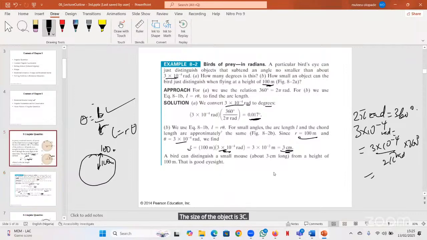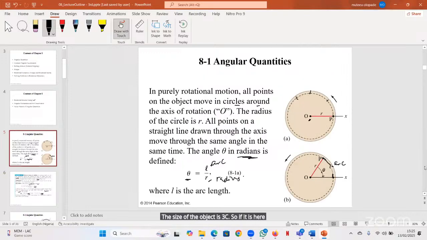So if it is here, this is at 100. This is the radius which we are given. So from O to P, we have it at 100. So theta is equal to L divided by R. We are finding the L. L is theta R. Our theta, which we must know, is in radian.